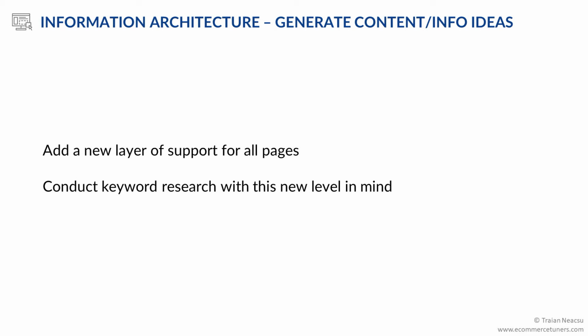This will generate additional organic traffic and will provide support for contextual internal linking. Additionally, it may help building a community around your brand, which is always a great thing to do. Conduct keyword research with this new level in mind, which means you won't dismiss informational keywords. Categorize such keywords into the informational bucket in your spreadsheets and plan content based on them.